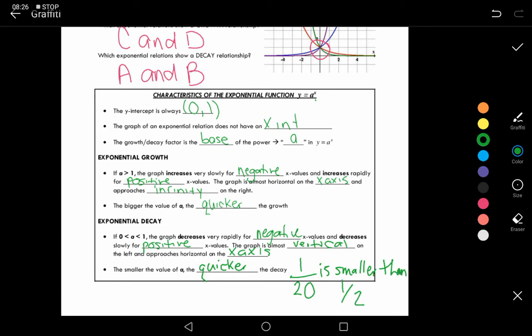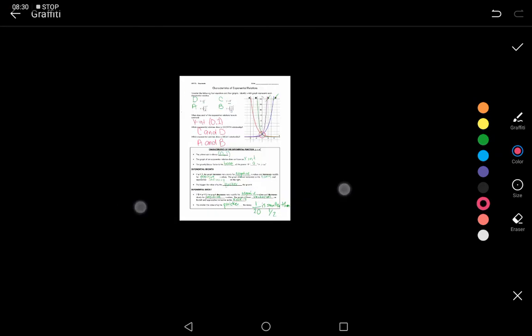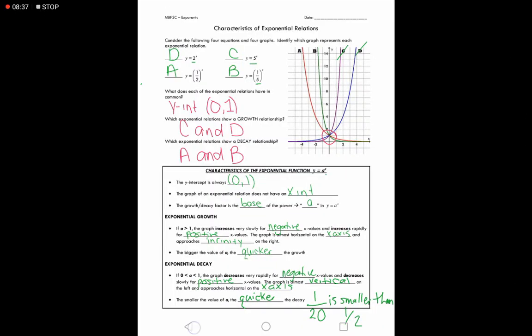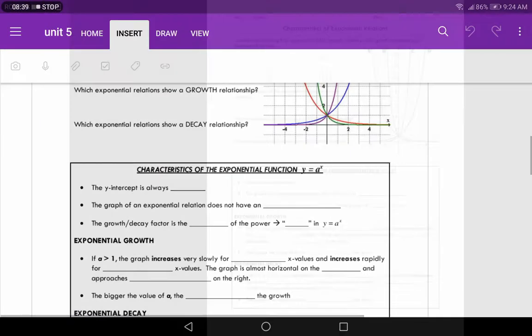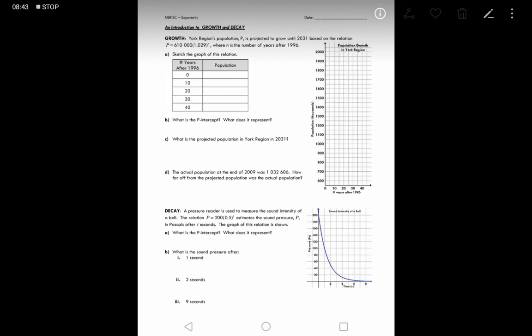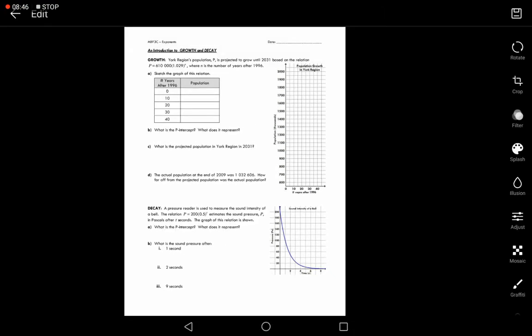So that means if the number on the bottom is larger, then the number is actually smaller. So this is the first half of our note here. Mostly that just summarized what you learned in the last investigation.